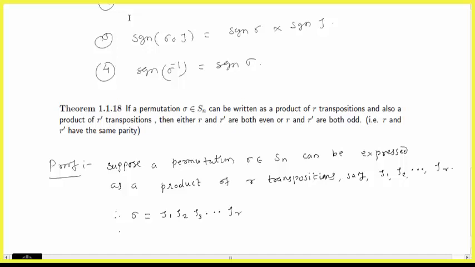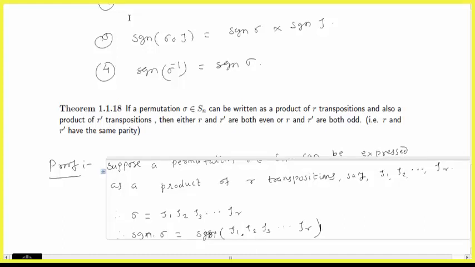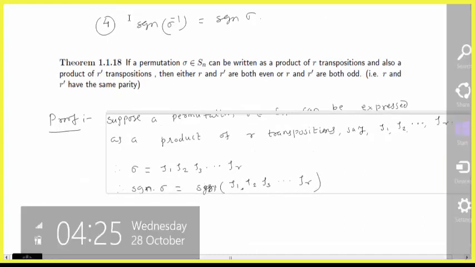Therefore sign of sigma is equal to sign of tau 1 into tau 2, tau 3 and so on tau r. So what is the sign of tau 1, tau 2, tau 3 and tau r?